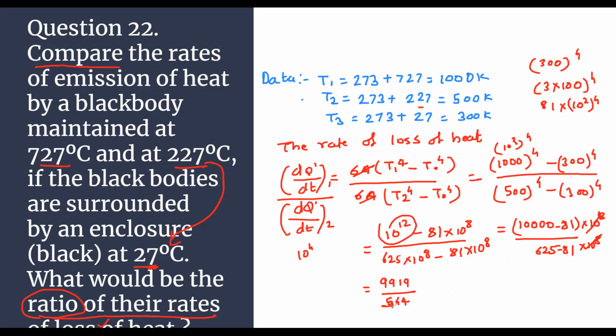Now we need to do this by log. Log of 9919 is 3.9965, and log of 544 is 2.7356.